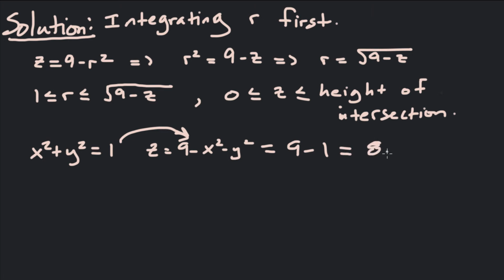So actually z would go from 0 to 8. So the height of intersection is 8. So the bounds of z are 0 to 8. Now, the bounds for θ are the same, 0 to 2π. So I've got my bounds for r, I've got my bounds for z, I've got my bounds for θ. Now we can do the integral.